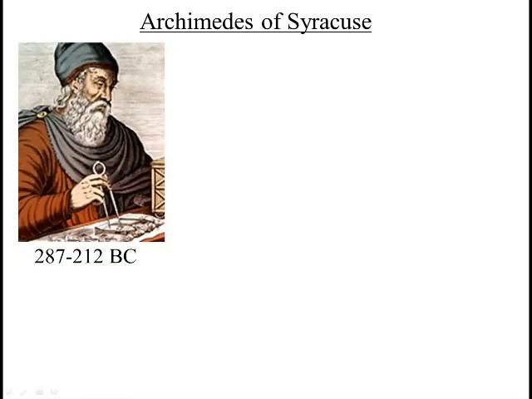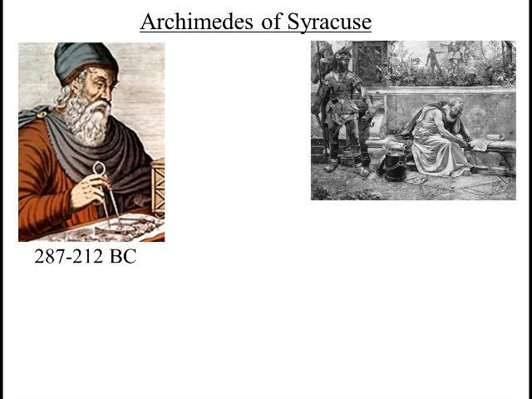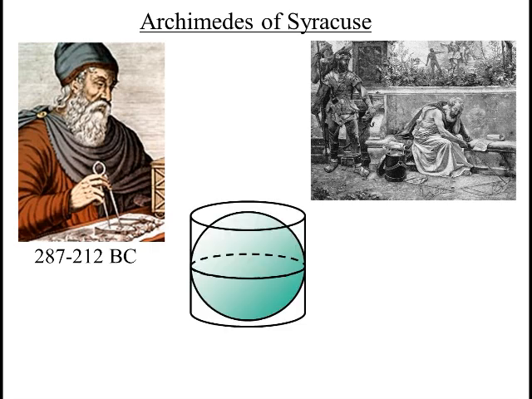So in a related fact, Archimedes of Syracuse, you remember he's the one that was killed by the Roman soldier and said, "Please don't disturb my circles." I don't know if he said please actually, but don't disturb my circles, and then the Roman soldier killed him. Well, Archimedes considered his greatest mathematical achievement was discovering that the ratio of the surface area of a cylinder to a sphere was 3:2.